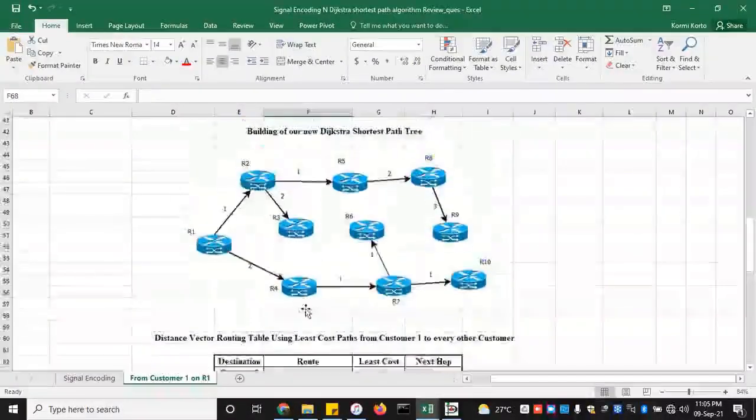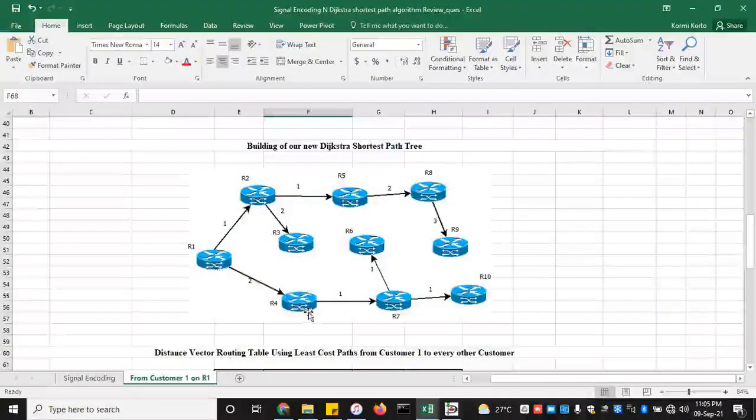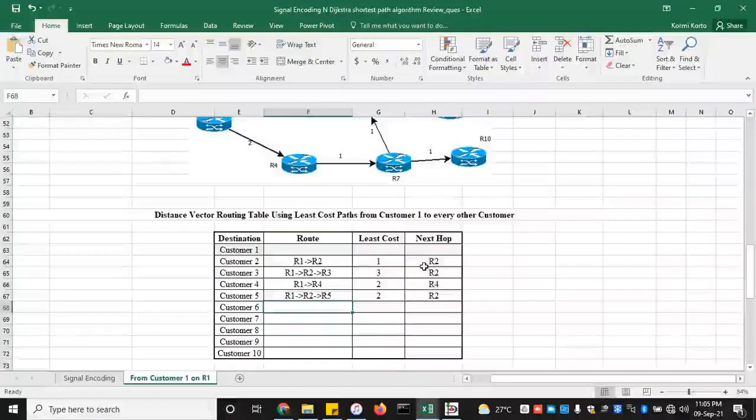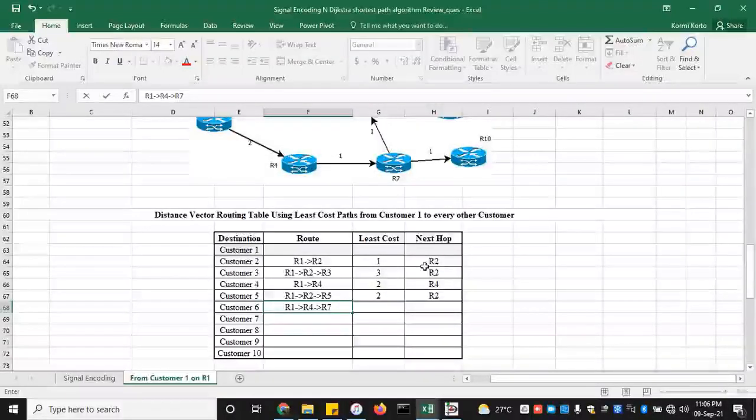So for 6, it was this path. It was from R1, R4, R7 to R6.